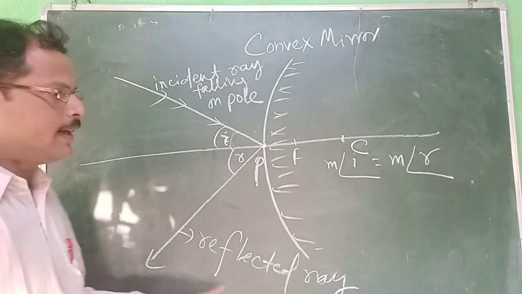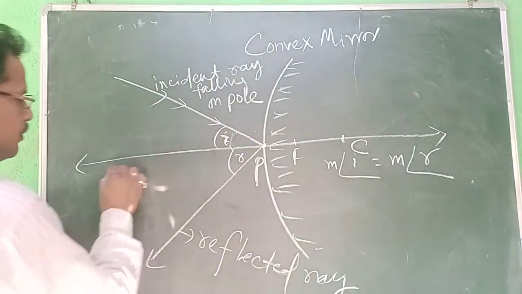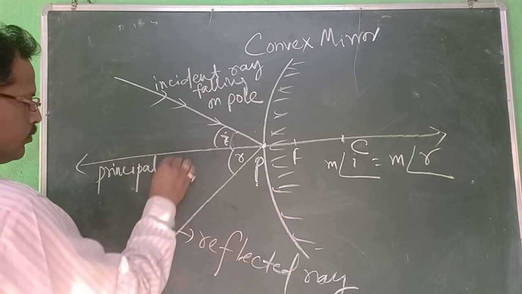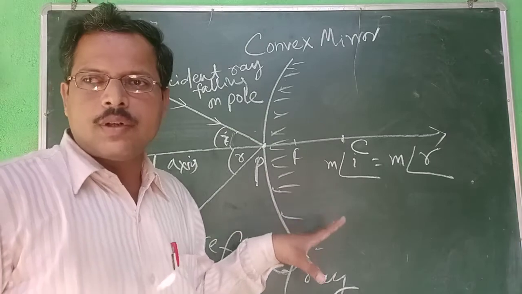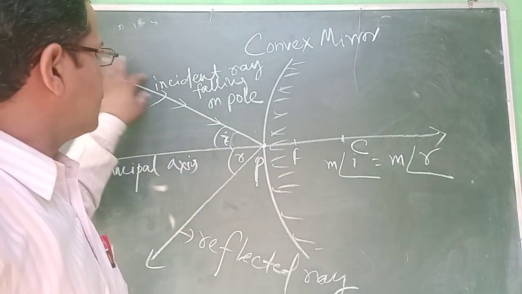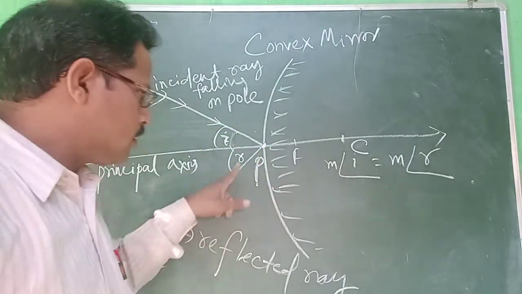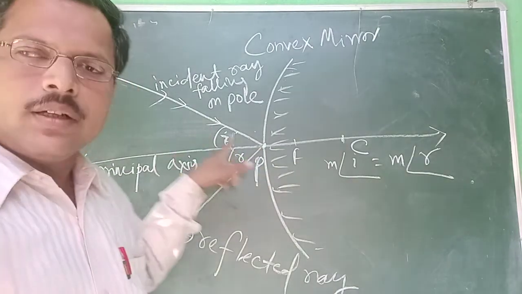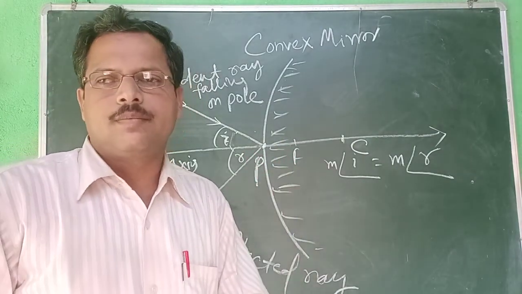This is your reflected ray, and this is your principal axis. This is all about the incident ray falling on the pole and getting reflected, making the angle of incidence equal to the angle of reflection.